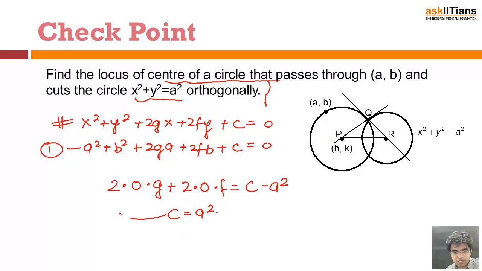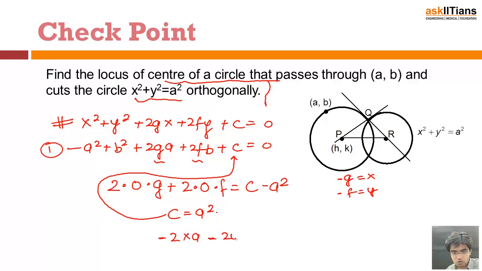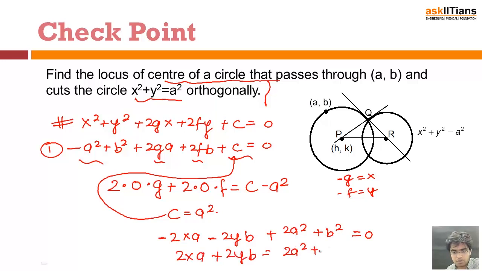If you put the value of this c here, we need to find the locus of minus g comma minus f. So let's put minus g as x and minus f as y. That means minus 2xa minus 2yb, c is a square, so this a square and this a square will become 2 a square plus b square is equal to 0. That means my locus becomes 2xa plus 2yb is equal to 2 times a square plus b square.